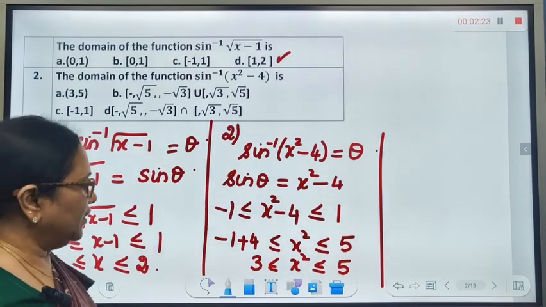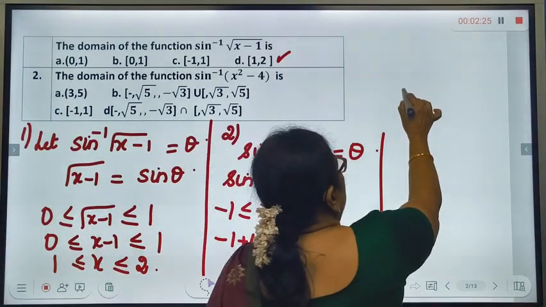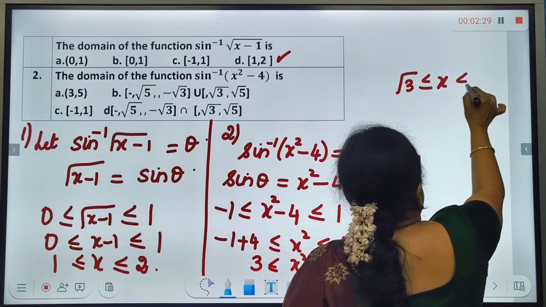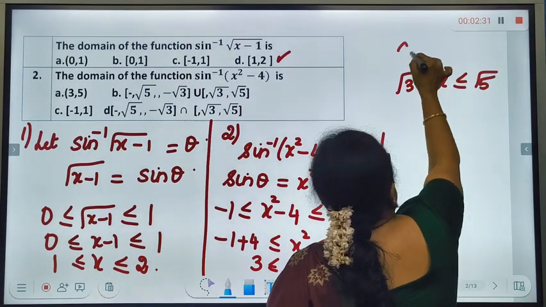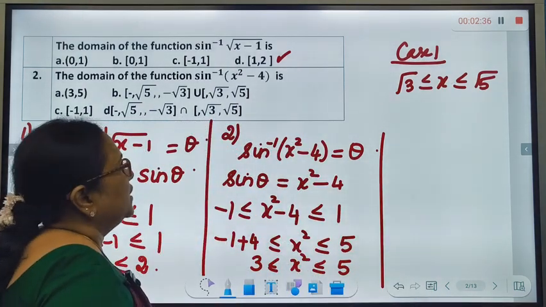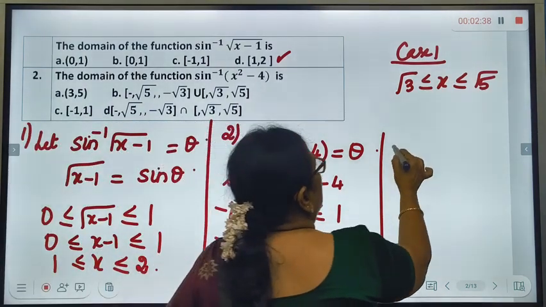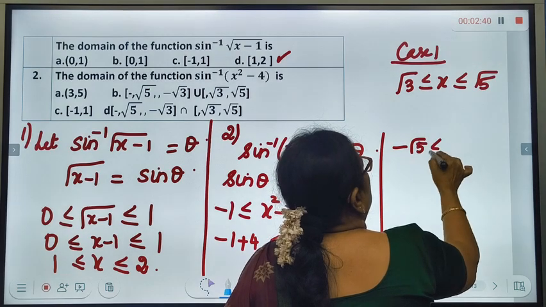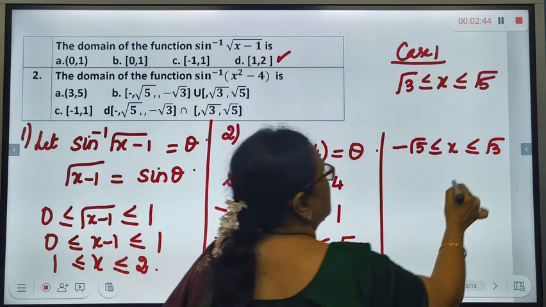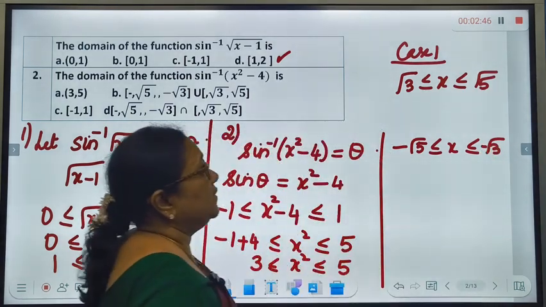One possibility we can have is root 3 less than or equal to x less than or equal to root 5. That is case 1. The other case is minus root 5 less than or equal to x less than or equal to minus root 3. Why?